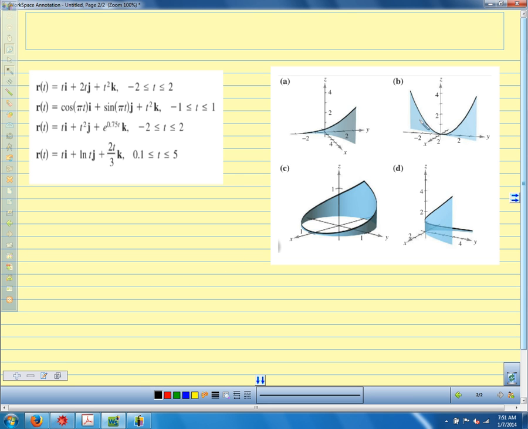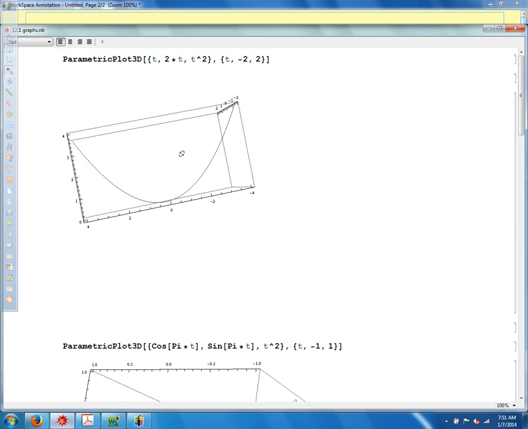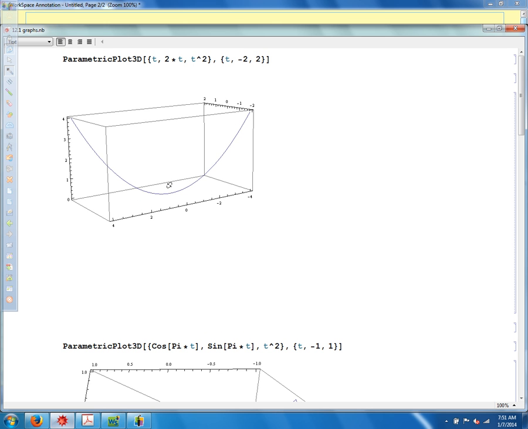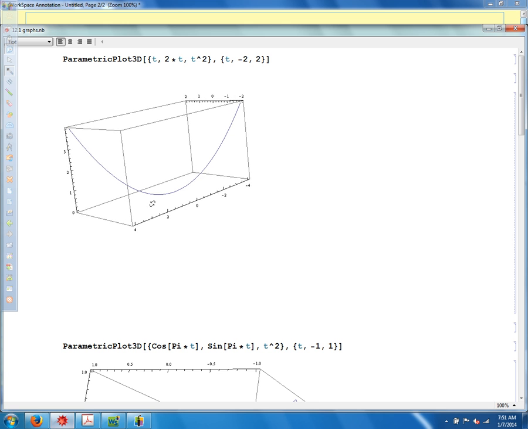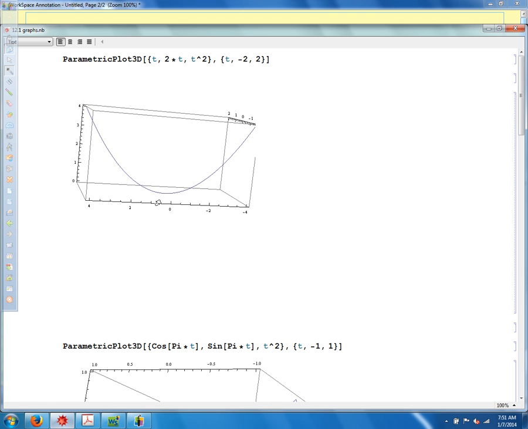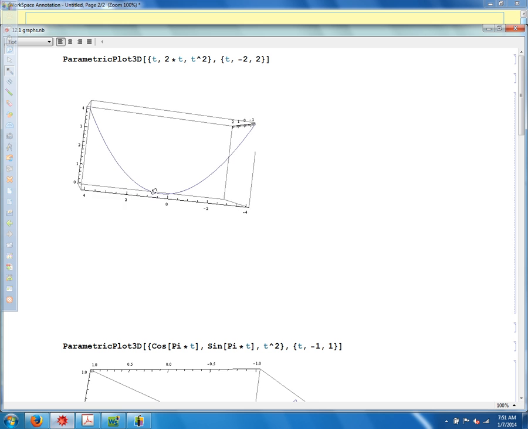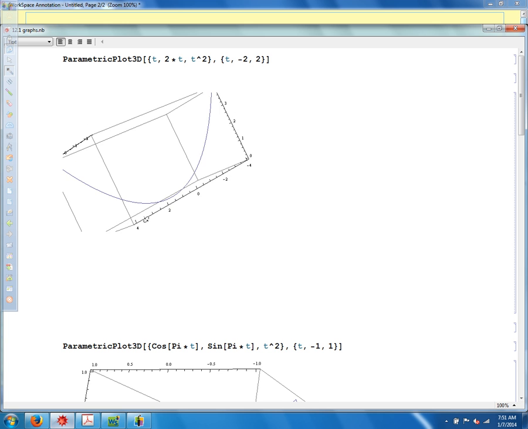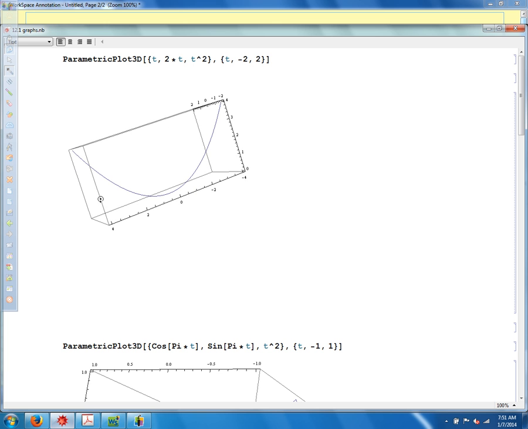What I did here is I made one of these that we can actually move around. So there's our function graphed in 3 dimensions. The xy plane is down here. The origin is at the center of the box. So there's our parabola in the xz plane.